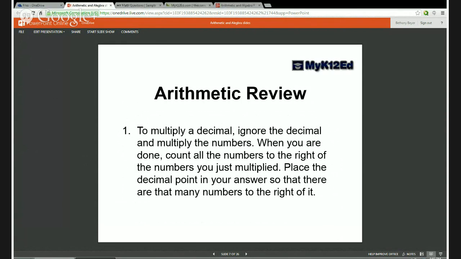So if there are 2 numbers in one and 1 number in the other, with both added together to the right of the decimal point, that's 3, then you move the decimal point 3 places from the right. So you just ignore the decimal point at first, multiply like it's a normal number, and then count how many numbers you have to the right of the decimal point total. That's how many spaces you're going to go with your decimal point from the right.